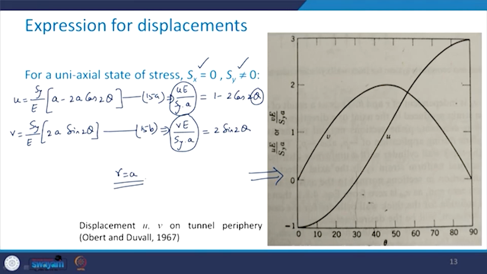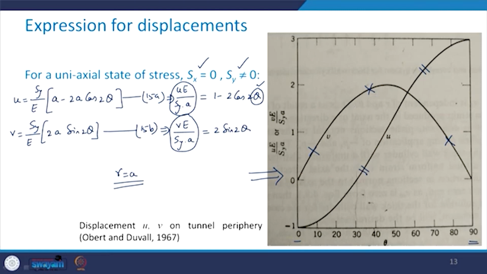So accordingly this plot is giving you the variation of u, and this one is giving you the variation of v. Just keep on substituting the value of theta from 0 to 90 degrees and you will be able to generate this kind of a smooth curve.